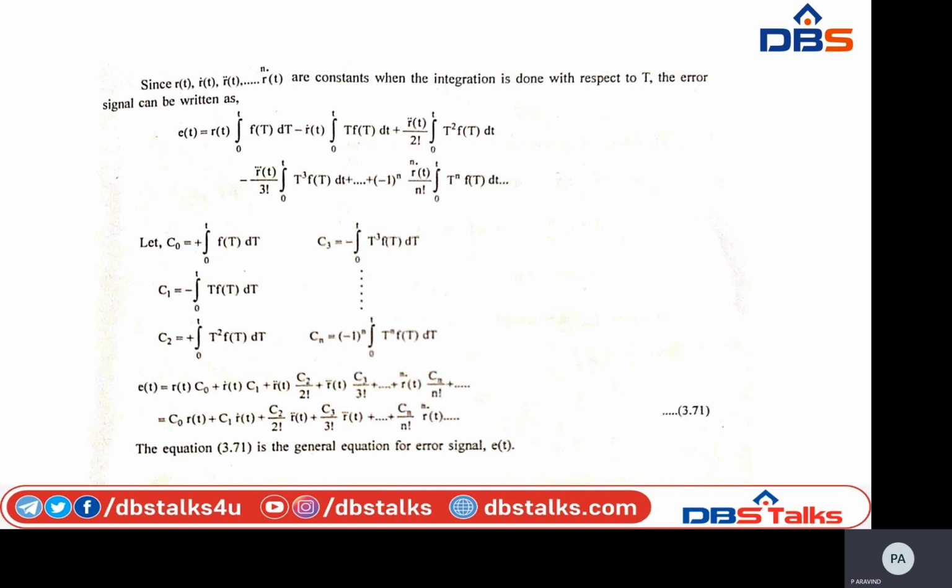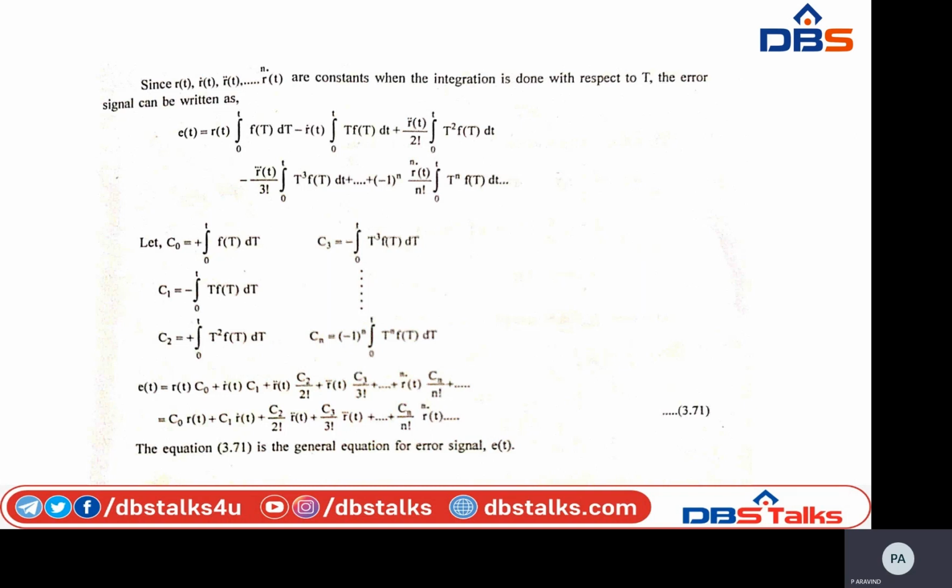Okay, now substitute the assumed terms, that is c0 equal to integration of 0 to t of f of T into dT. So simply replace the terms with the assumed ones. So that is e of t equal to r of t into c naught, simply placing c naught instead of integral 0 to t of f of T into dT.